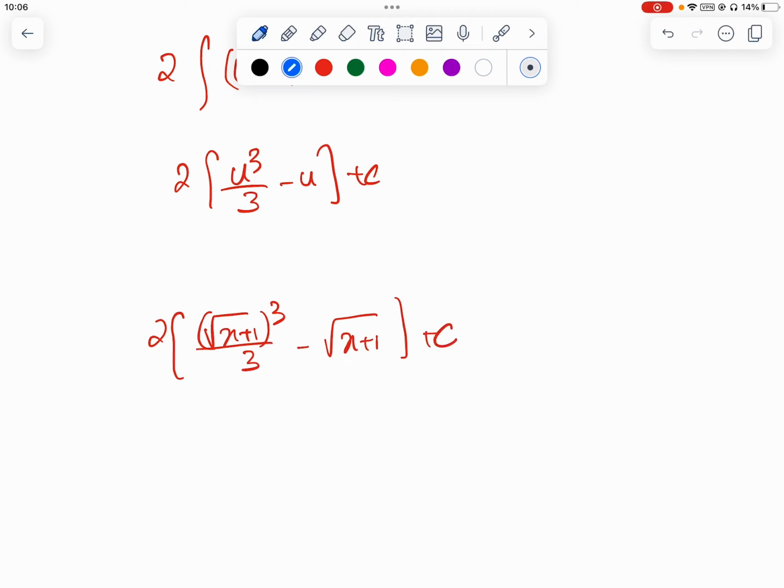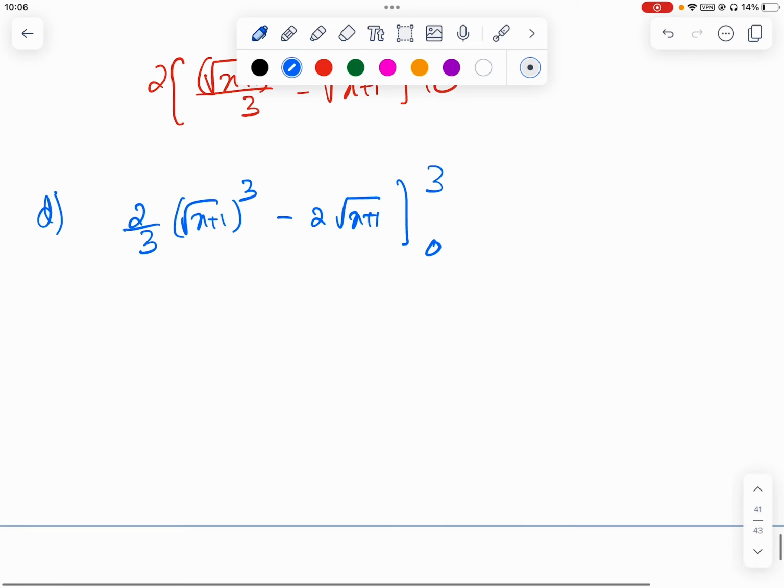Now in part D, we are supposed to apply the limits for this one. So 2 upon 3 square root of x plus 1 whole cube minus 2 square root of x plus 1 from limits 0 to 3. Plug in 3.